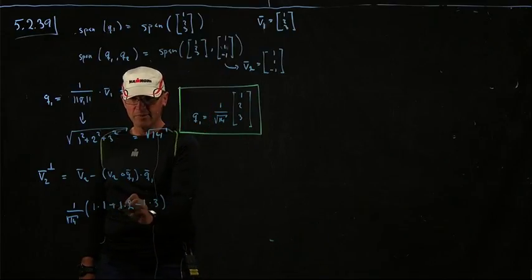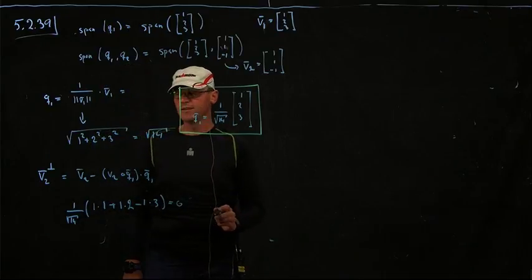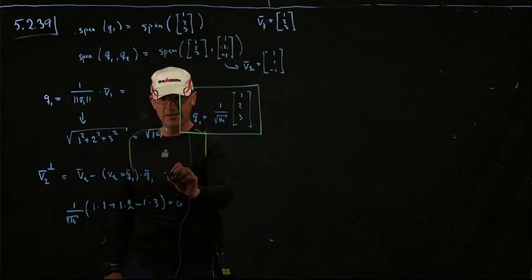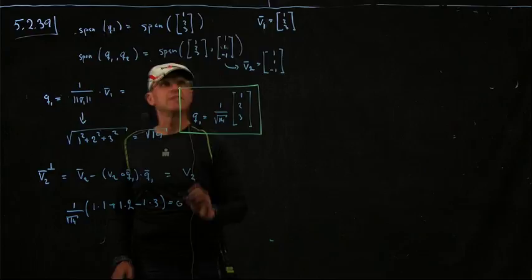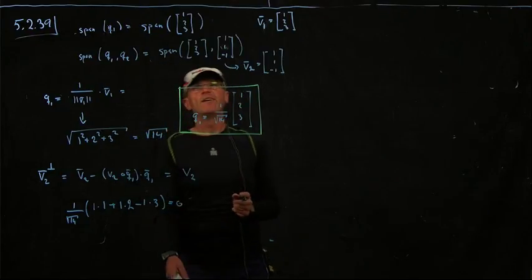And 1 plus 2 minus 3 equals 0. So that is just V2.